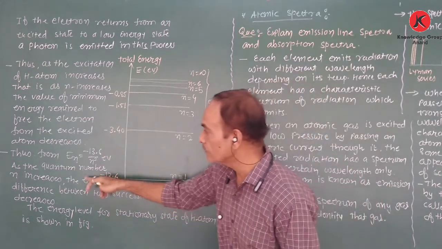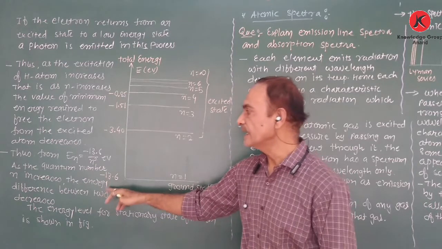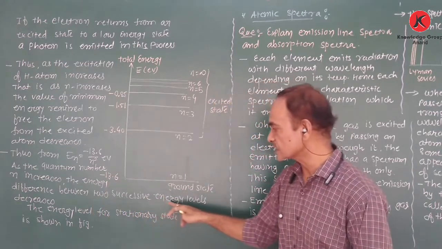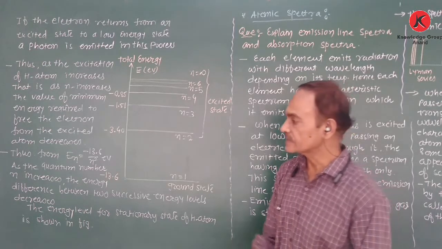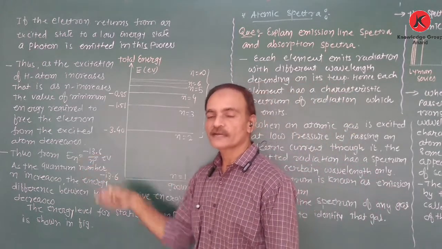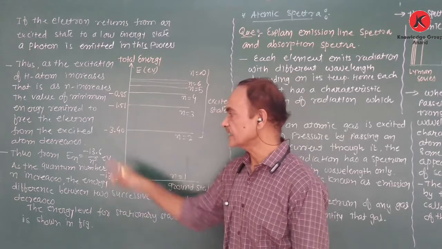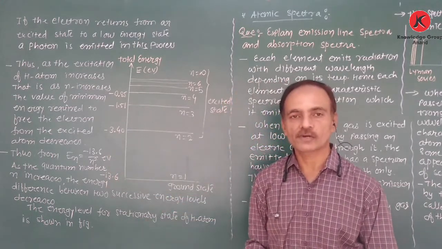As the quantum number n increases, the energy difference between two successive energy levels decreases. We have the equation of energy of the electron in the nth orbit, minus 13.6 upon n square electron volt.